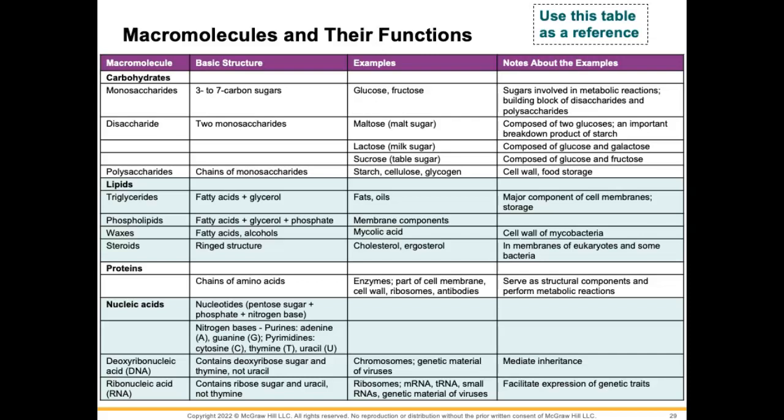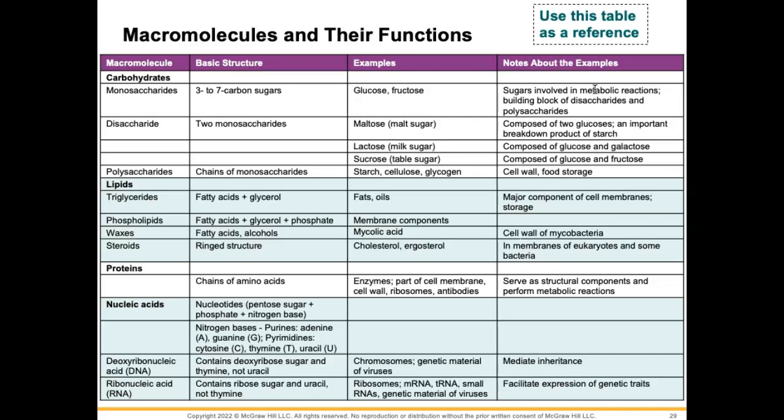When we're talking about these macromolecules, think of them and how they participate in making up the microorganisms. Or not necessarily just how they're made up, but also how they contribute to these microorganisms, if that makes any sense.